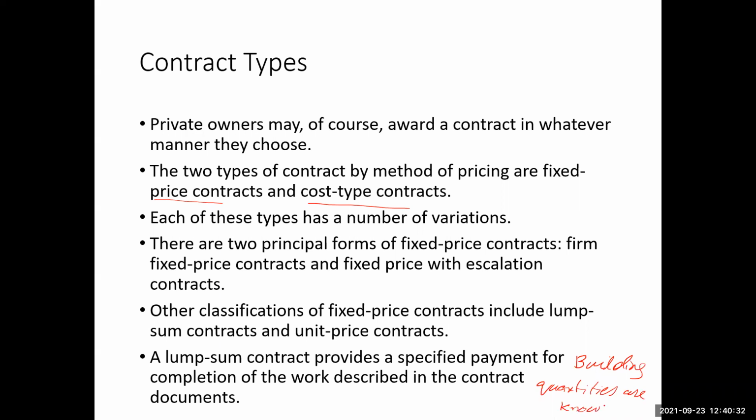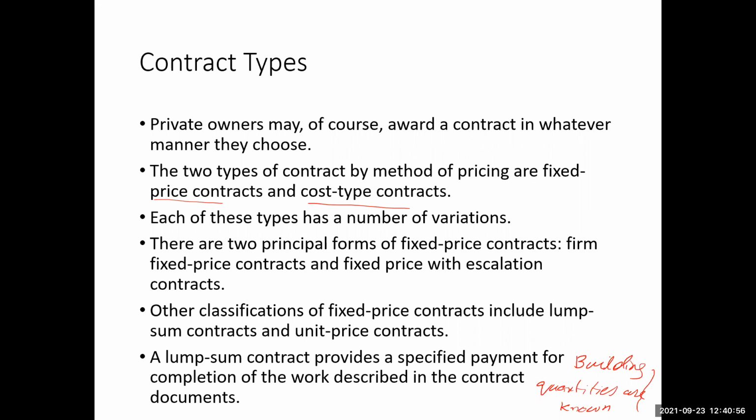We know that this much quantity of concrete we will need, this much quantity of steel, this many doors and windows. So it is easier to estimate those quantities. Therefore, for building projects, we normally have lump sum contracts.